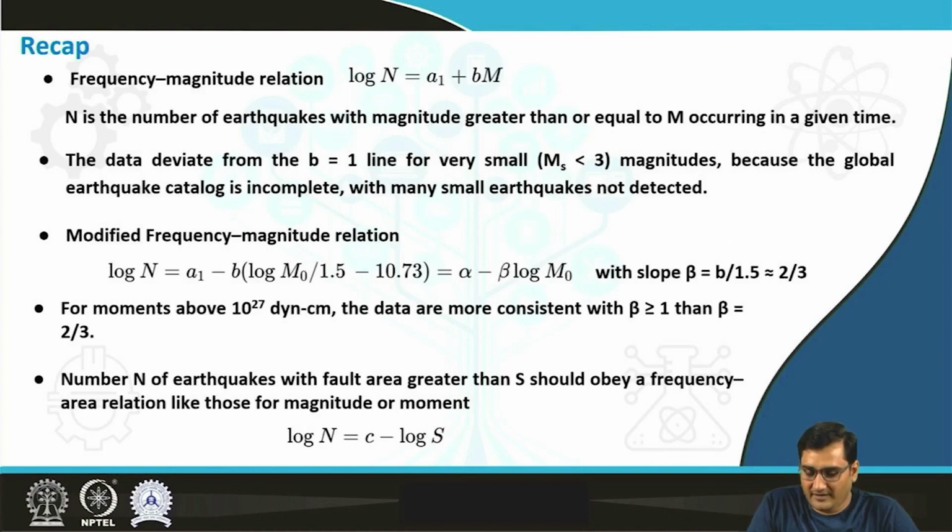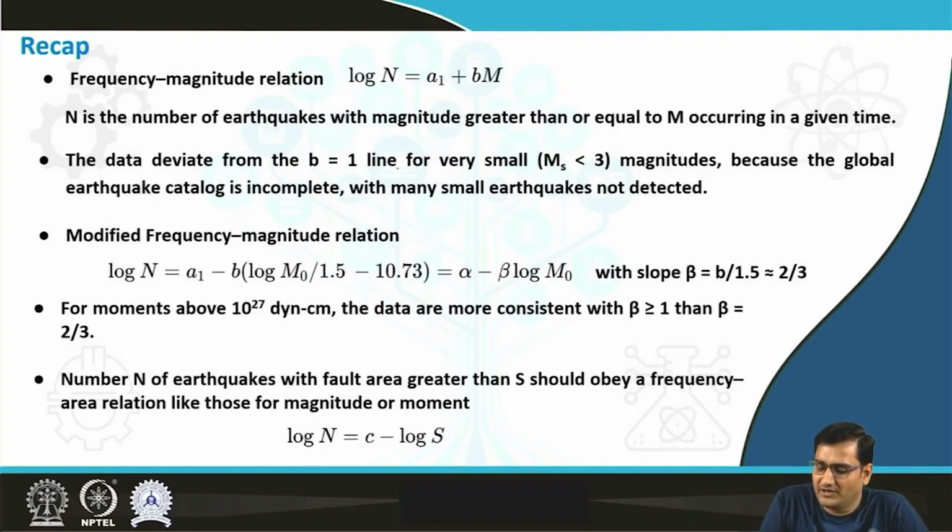The data deviates from the b equal to 1 line, which means that most of the time you will find the b value nearing 1, and it may range from 0.6 to 1.4 or 1.5. It may go even higher, but generally it has a value near 1.